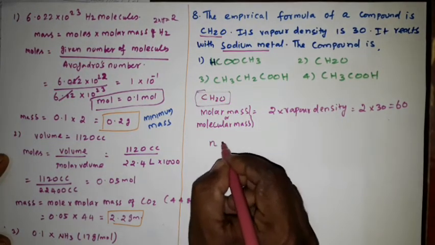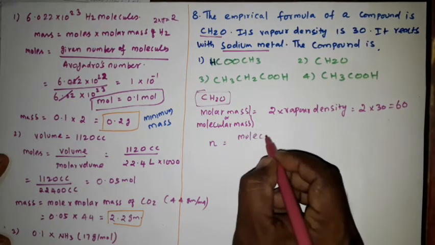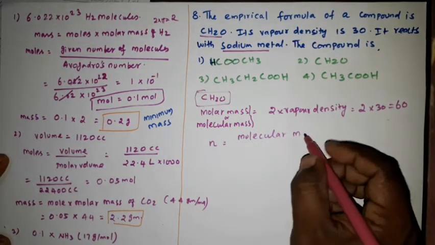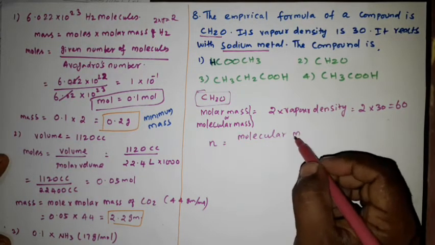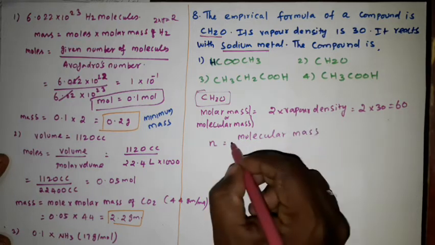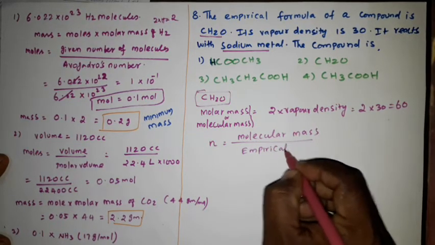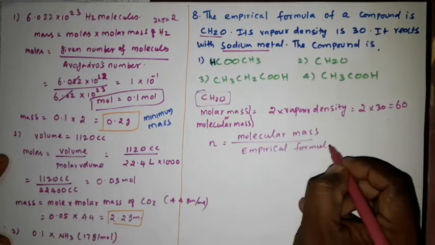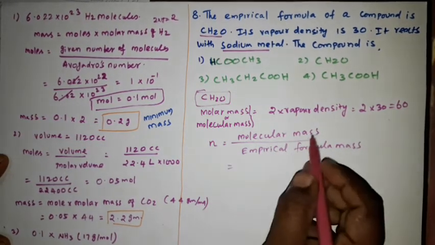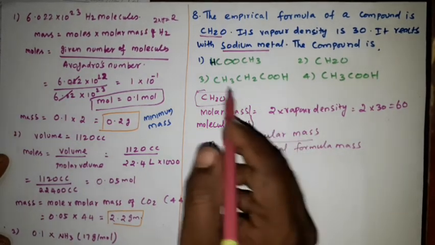So to find out that molecular formula, n equal to, we already studied in the empirical formula, molecular mass divided by empirical formula mass. Okay. So n equal to, what is the molecular mass? 60. Now empirical formula mass, how much?